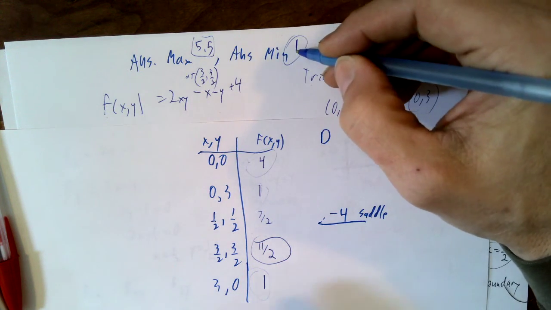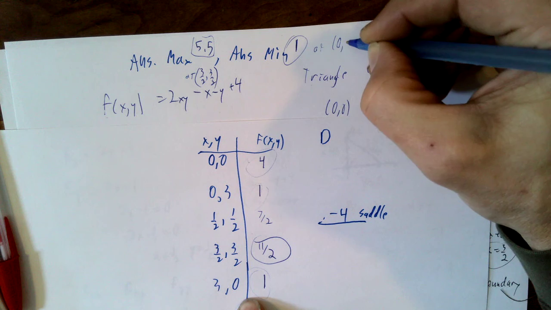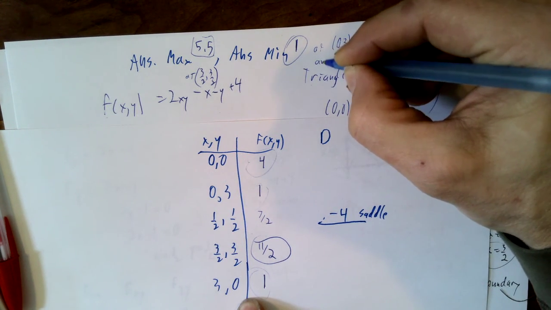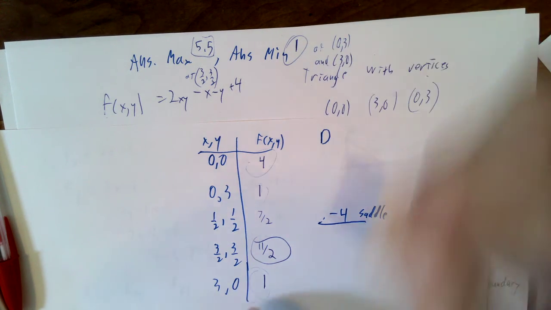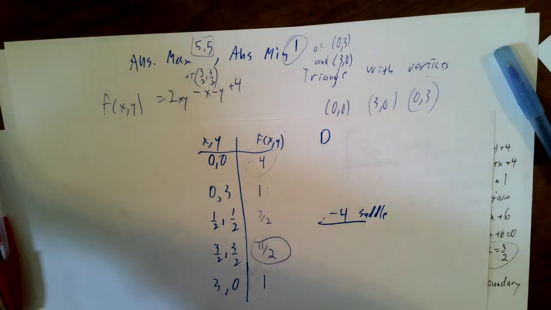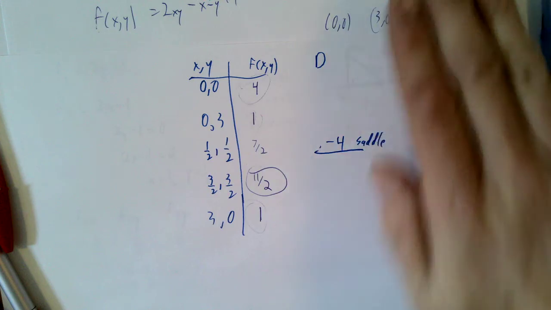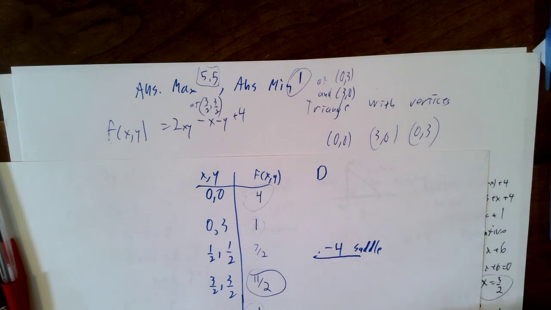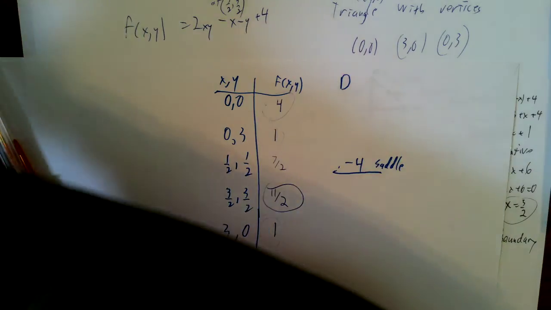And the absolute min is 1 at these 2 corners. It can easily be a tie between some different points out there, and that's not surprising. Alright, so that's the full treatment of these things when you're dealing with the interior and you're dealing with the boundary on a closed region.